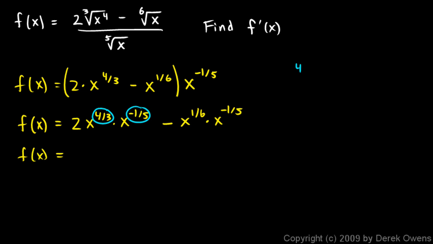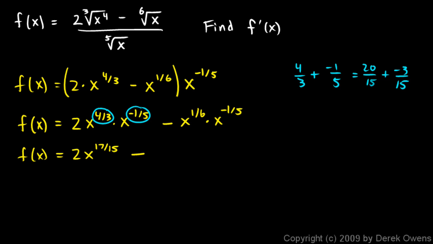So I need to add 4 thirds and negative 1/5. 4 thirds is 20 fifteenths, and negative 3/15 gives me 17 fifteenths. So this is 2 times x to the power of 17 over 15.